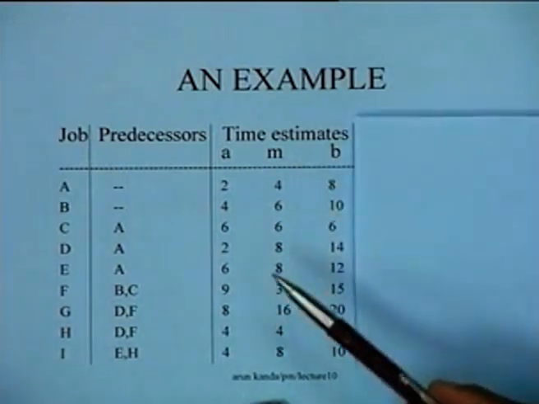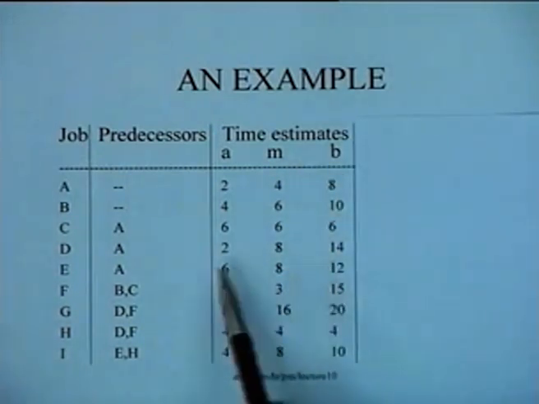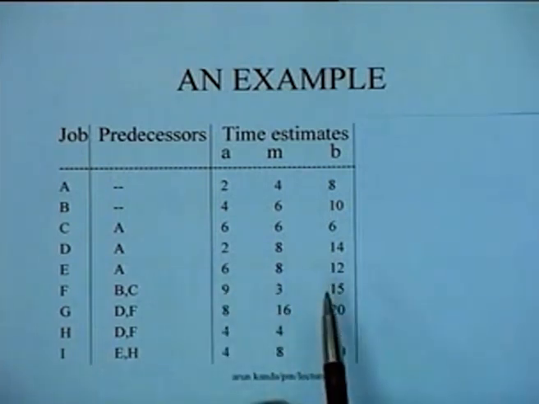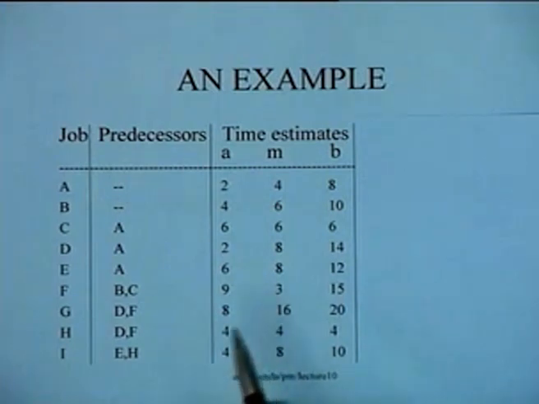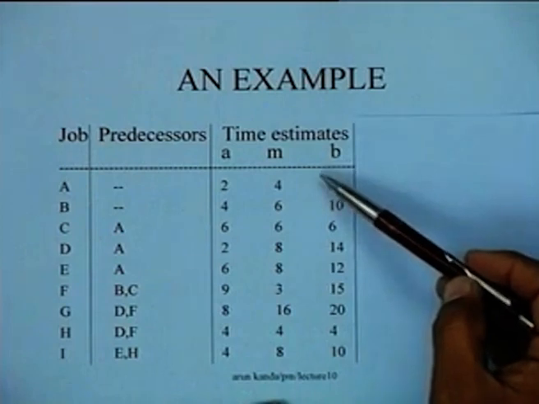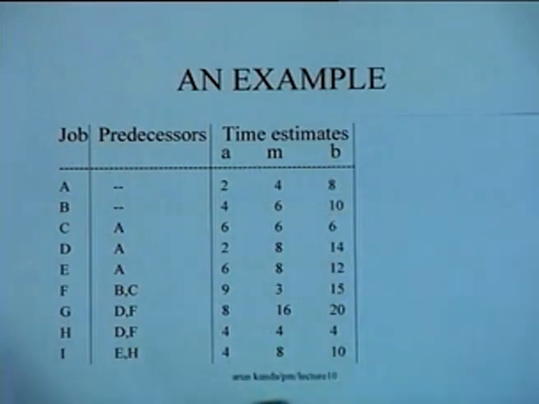And there are certain activities which have greater variance, depending upon the nature of the activity and the kinds of factors which affect the activity. So this is the starting point of obtaining the time estimates.